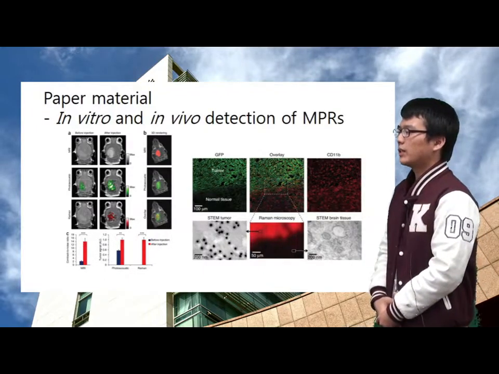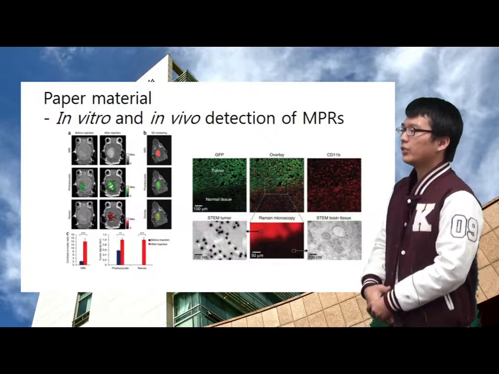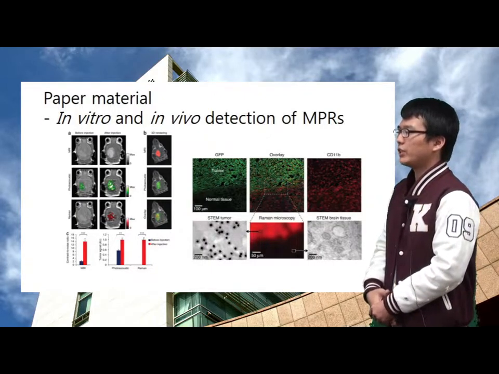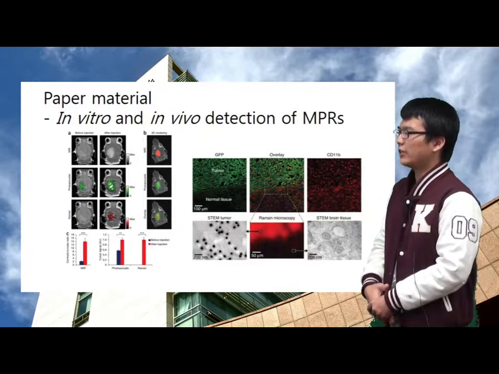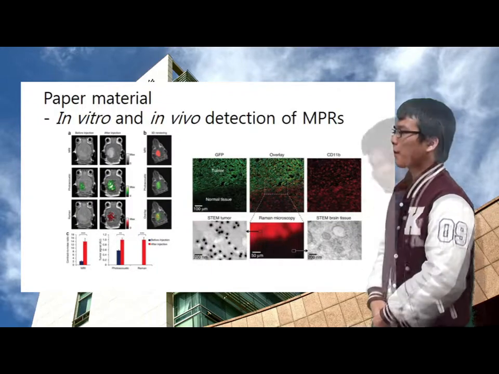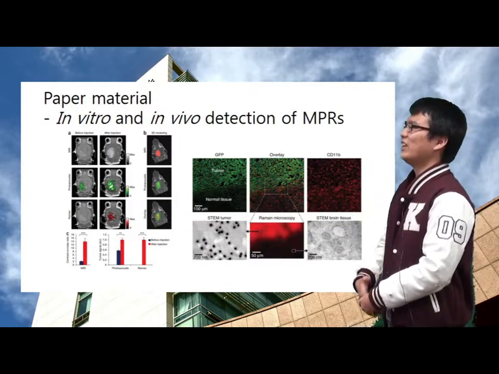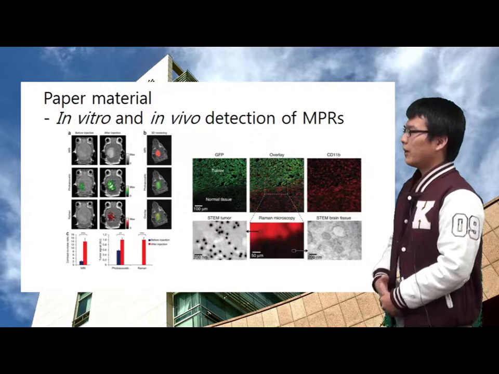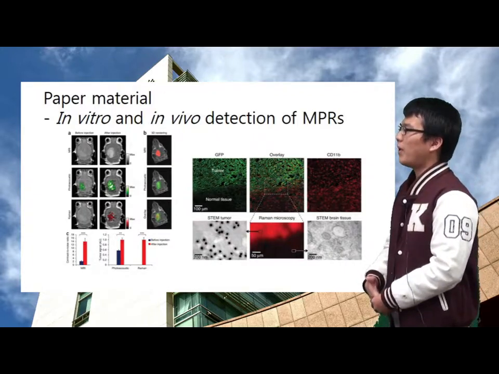In graph C, they show the signal to noise ratio obtained by using this nanoparticle. In this figure, they show this nanoparticle can draw the margin of the tumor.